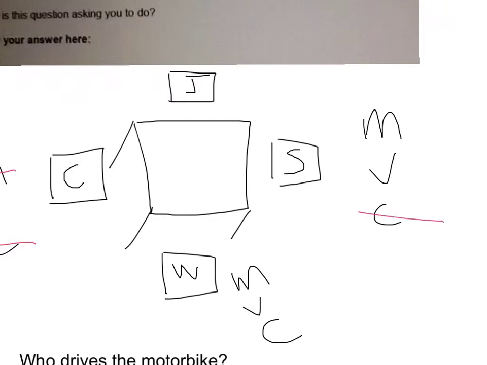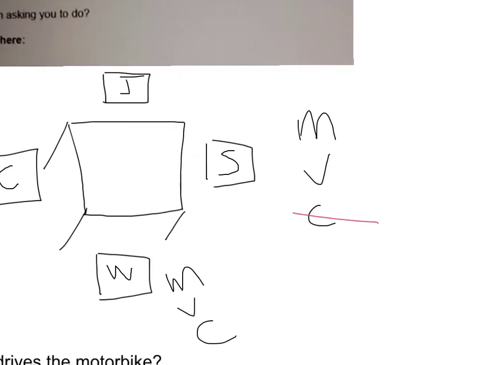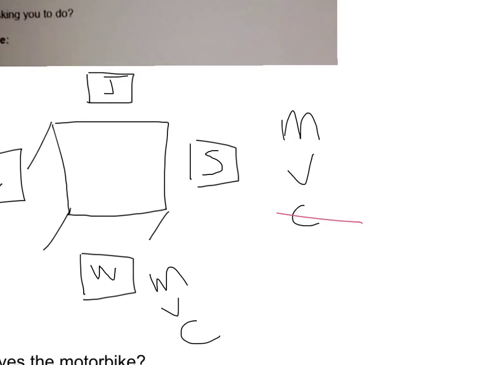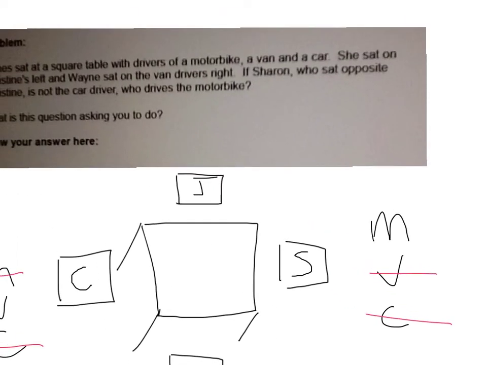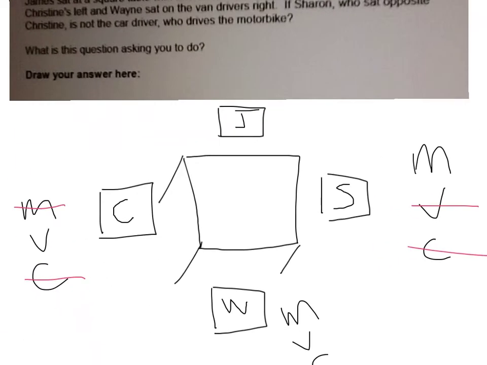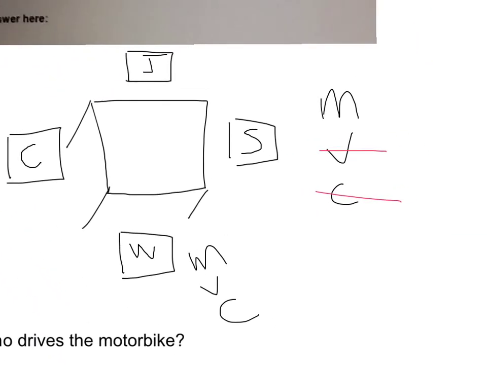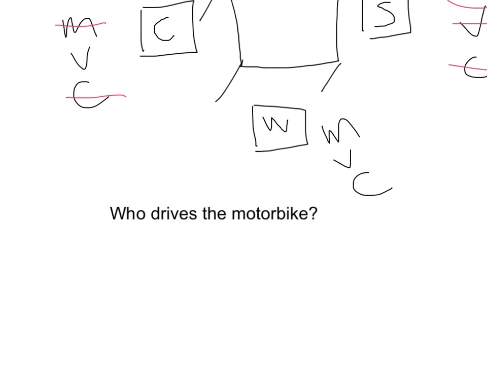And we can also cross van off her because we know that Christine's driving the van. So what are we left with? We're left with the answer being Sharon driving the motorbike.